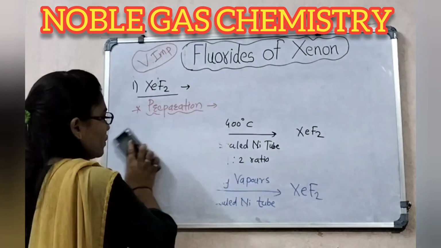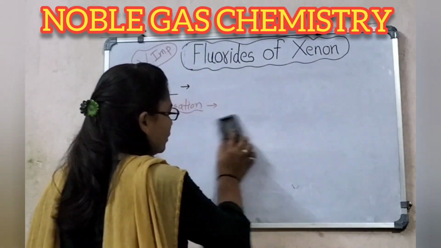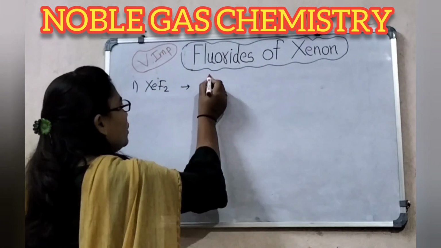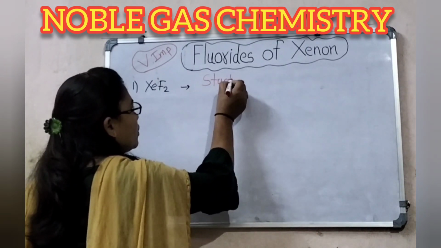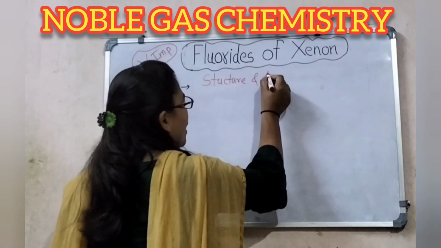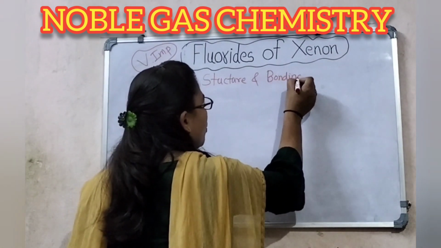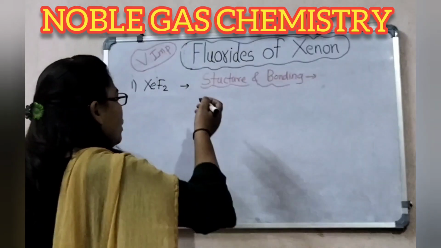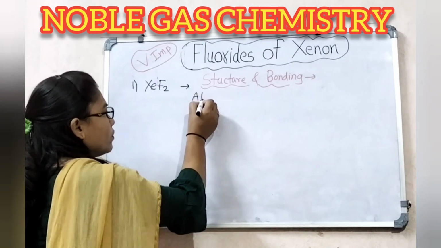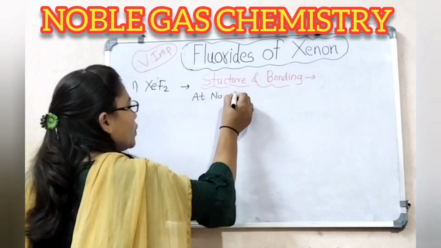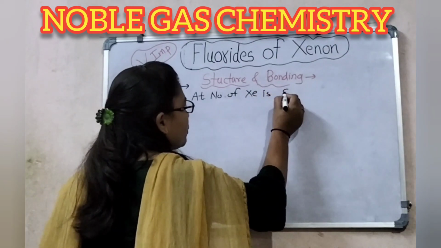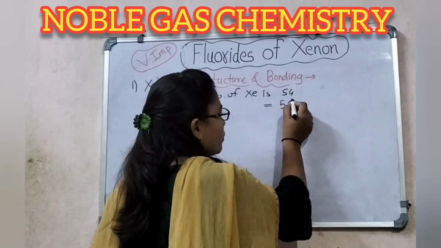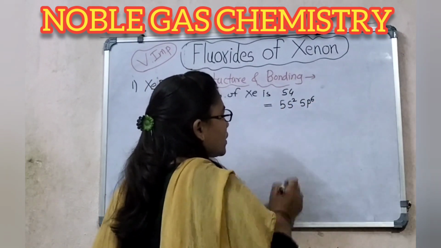Then next one is structure and bonding of Xenon difluoride. The atomic number of xenon is 54. The general outermost electronic configuration of xenon is 5s2 5p6.